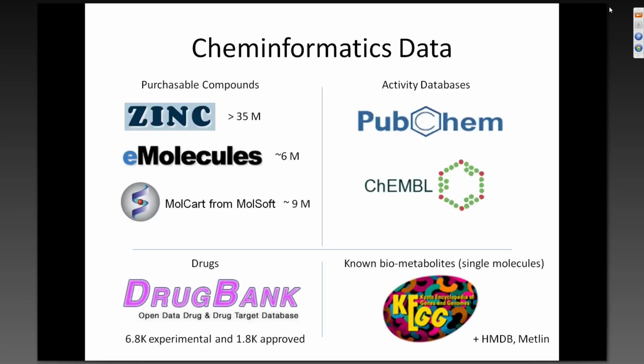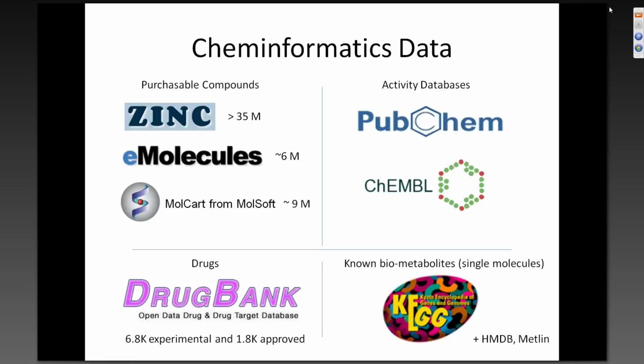So if you're not familiar with cheminformatics, you may wonder where you can get some of the molecules from. And so this is sort of split up into different sections. Probably the largest database out there is the ZINC database. It has more than 35 million compounds from a variety of different vendors. And you can read those in SDF and MOL format, which I will show later on. Another useful website is eMolecules. They have approximately 6 million, maybe more, compounds in there.